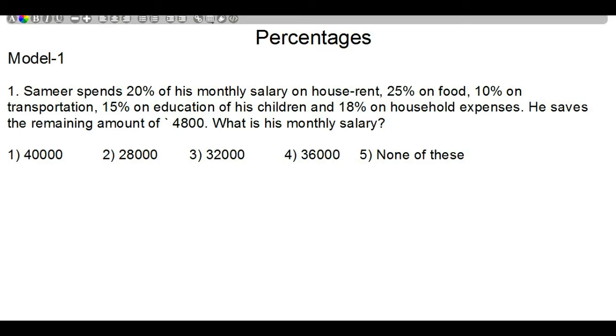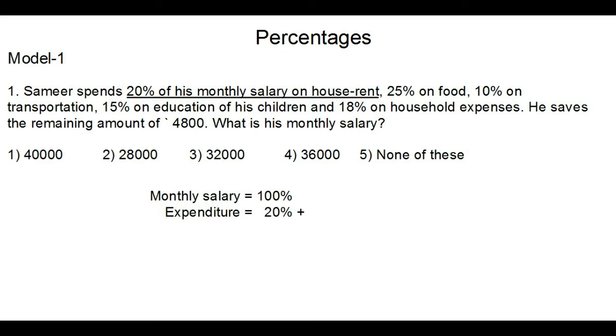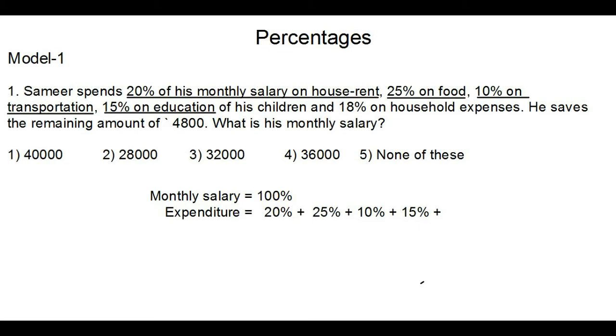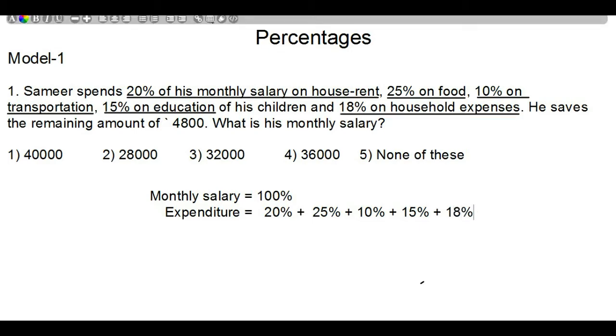Now, as discussed earlier, monthly salary, which is nothing but the maximum value or the total value, can be taken as 100%. So let us assume that his monthly salary is equal to 100%. Now, let us find out the total expenditure of Samir. So the total expenditure here can be taken as 20% on house rent plus 25% on food plus 10% on transportation and 15% on education of the children and 18% on household expenses.